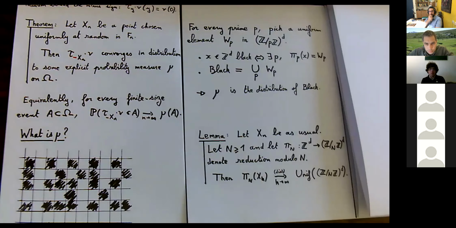And now what I want to do is not to prove this theorem in detail, but to give you a good idea of what are the... Excuse me, I have a question. Yeah, sure. When you pick the uniform elements W_p, are the W_p independent for different p?